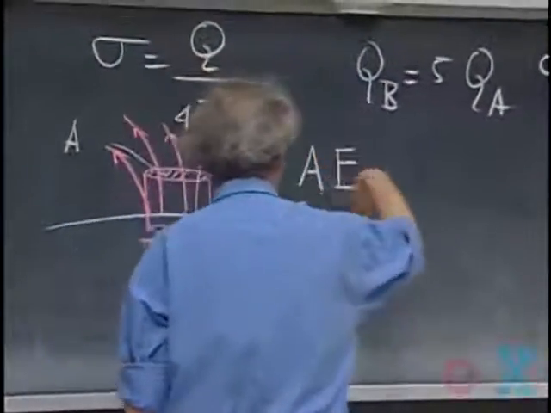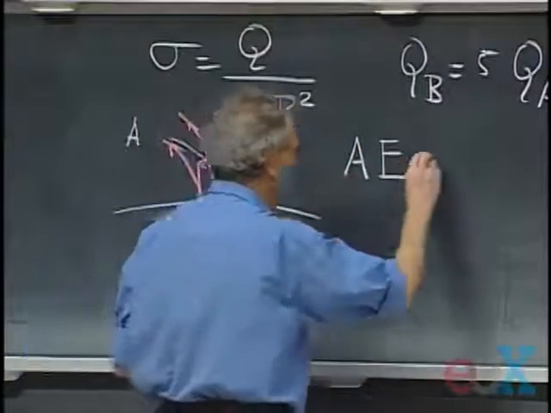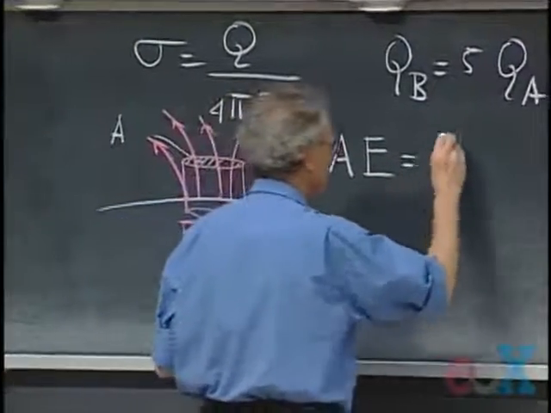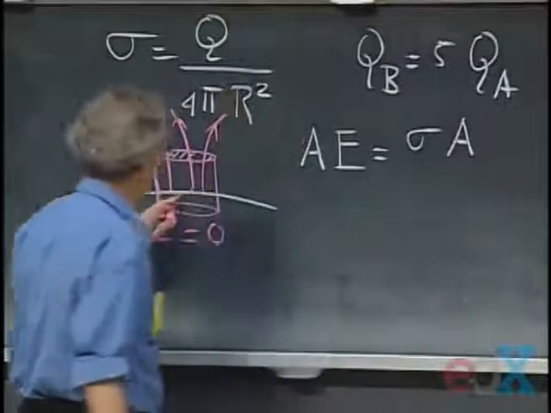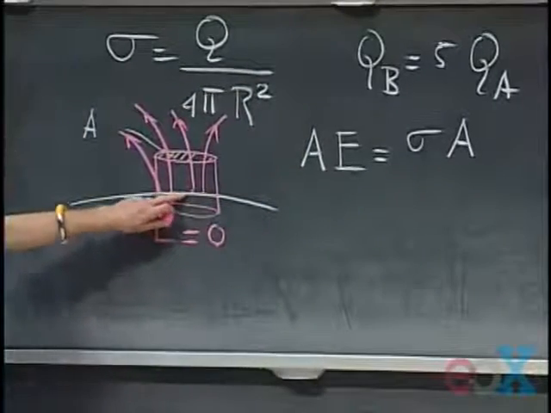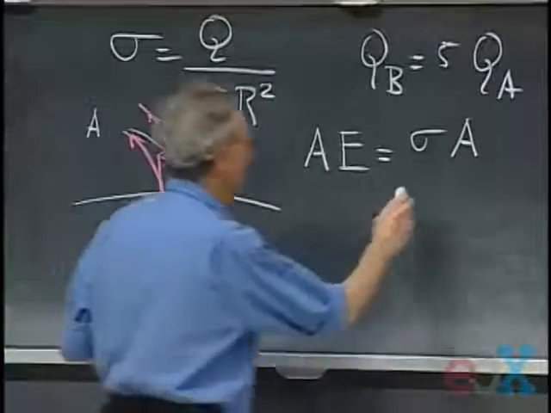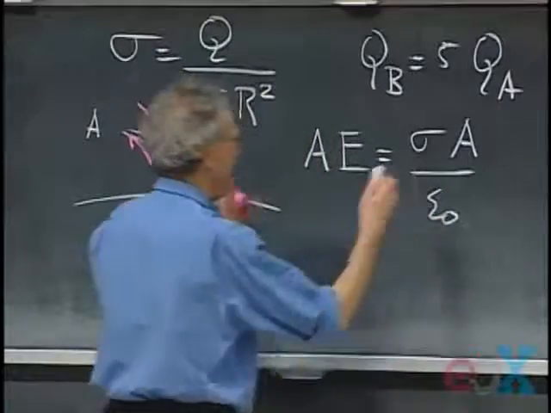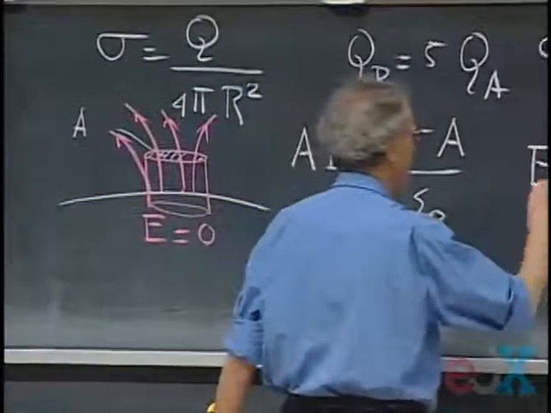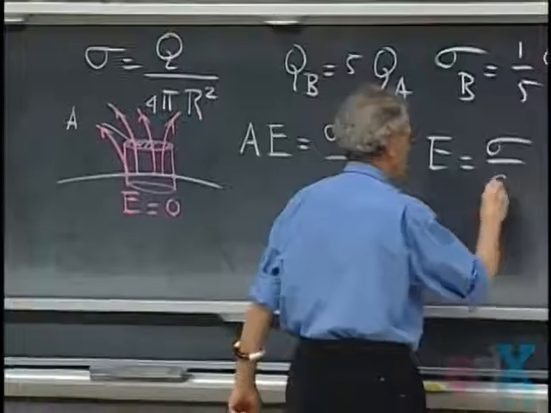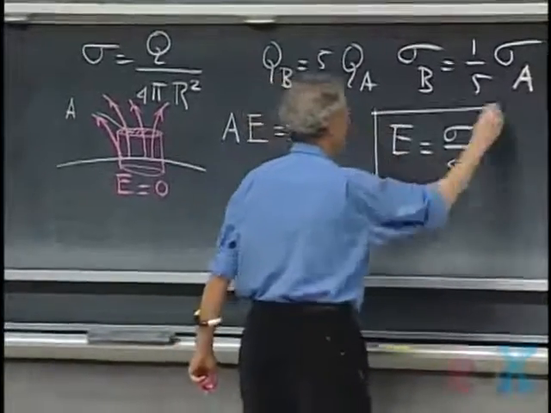And so this is all there is for the surface integral, and that is equal to all the charge inside. Well, the charge inside is, of course, the surface charge density times the area A divided by epsilon zero. This is Gauss's law. And so you find immediately that the electric field is sigma divided by epsilon zero.